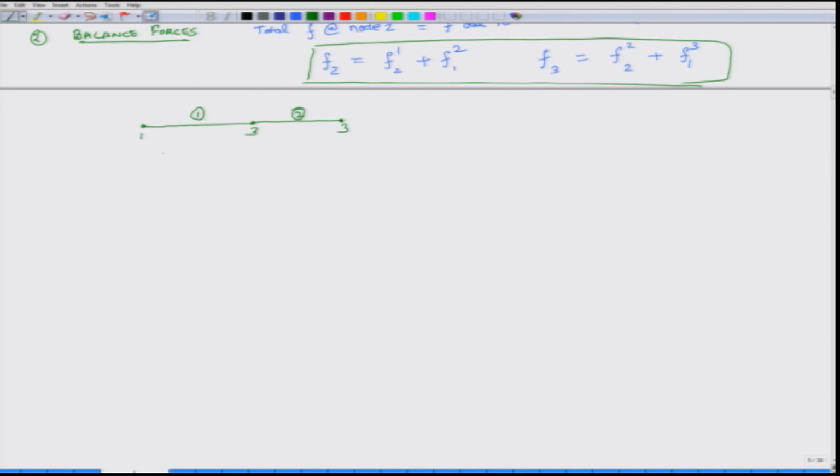Then when I look at this element by itself, I have QA for the first element and QB for the first element. This is element 1, this is element 2, this is QA for the first element, and this is QB for the second element, right. I have written 2.